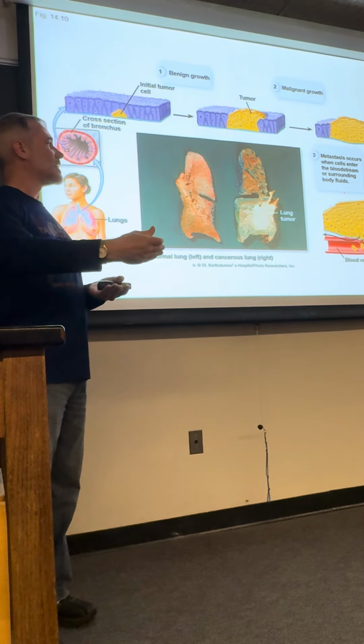Let's just call it progression of cancer. Cancer is going to begin when there is a mutation in a cell, actually multiple mutations in a cell, that lead to that cell behaving abnormally. And specifically, it's growing too fast.